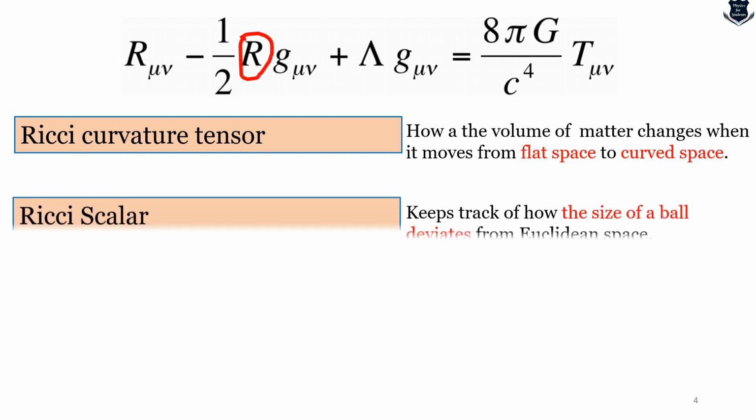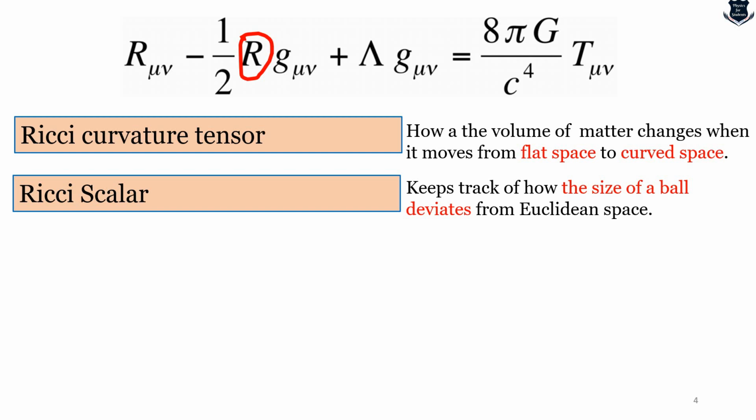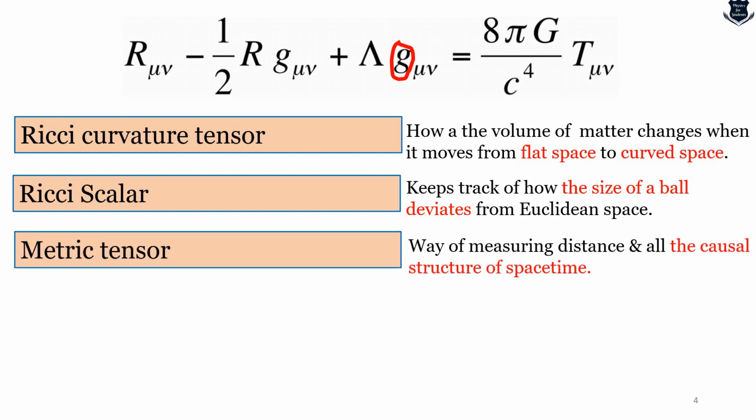Then we get another R, which is called the Ricci scalar, which keeps track of how the size of a ball deviates from Euclidean space when it moves into non-Euclidean space. Then we get small g. This is the central important part, which is called the metric tensor. It is a way of measuring all the causal structure of space and time.